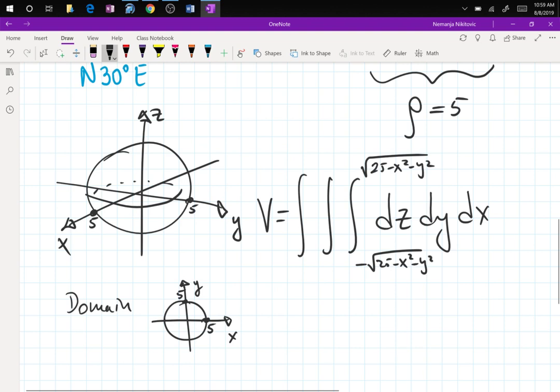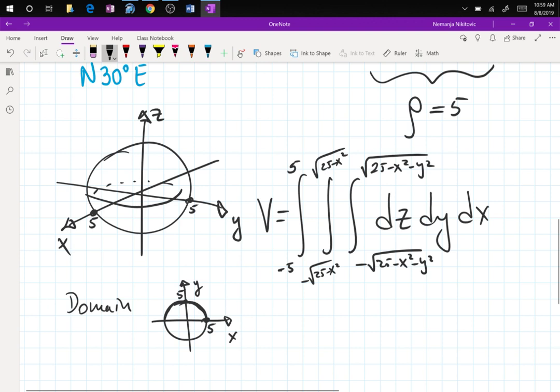For the domain, because we are doing dx, that's negative 5 to 5, that's easy. But the inner one is negative square root of 25 minus x squared to positive square root of 25 minus x squared. That's the integral for a ball, for a sphere, in rectangular coordinates.